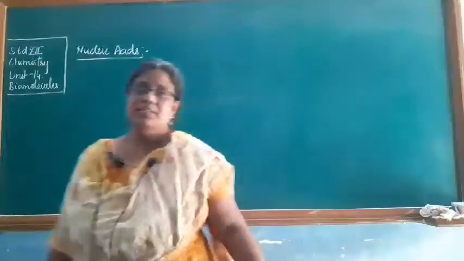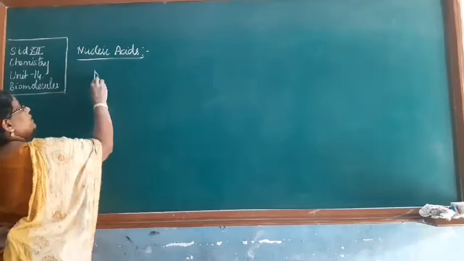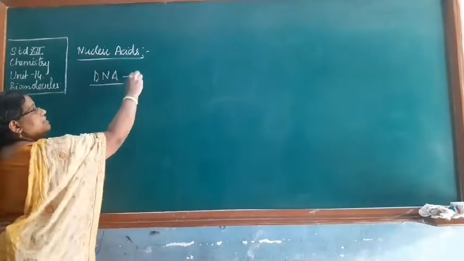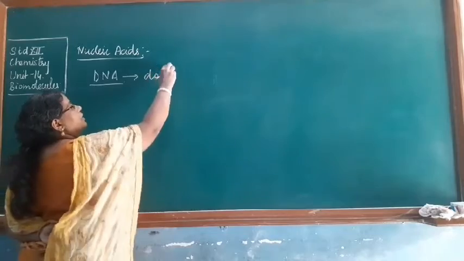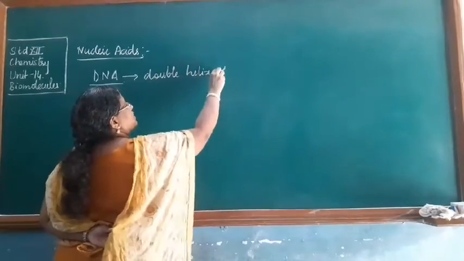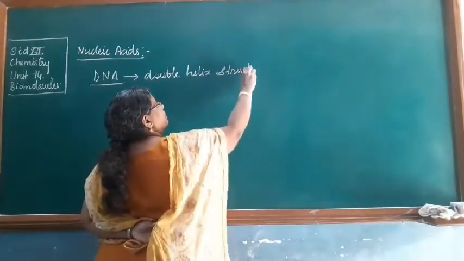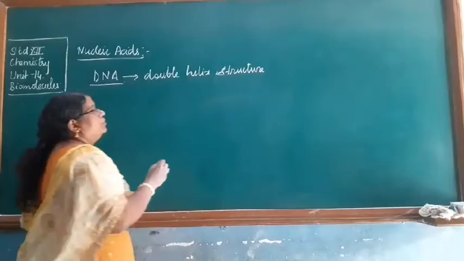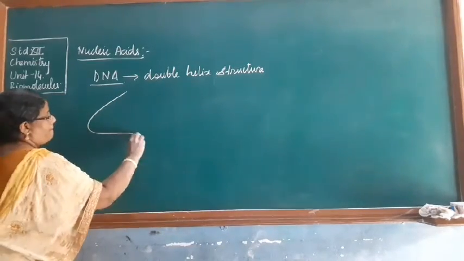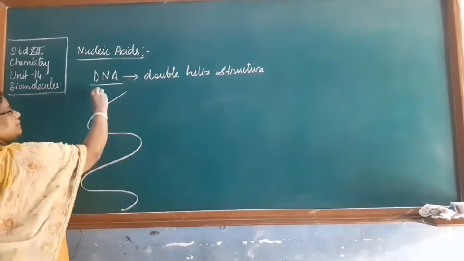Now we will discuss the nucleic acid DNA. Okay, we will discuss the structure of DNA. DNA has a double helical structure. Okay, it has a double helix structure. Okay, so if we draw it, it will be in this manner.